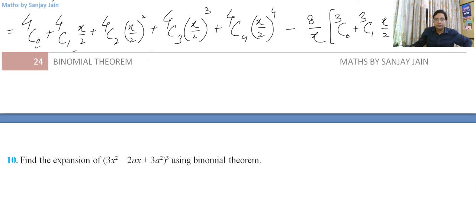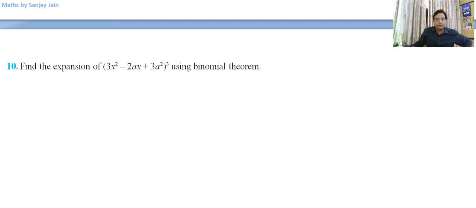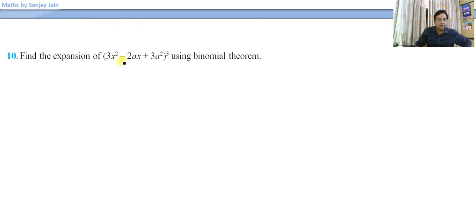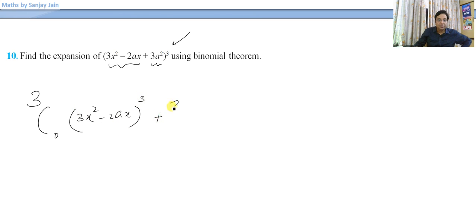And now the last question of this exercise. This is another question of the same format. So what you need to do is, you consider this as one term, this as another, right? So open it as a binomial. How will you open it? This is third power, right? So you'll start with 3c0 and write (3x square minus 2ax) raised to power 3, plus 3c1 (3x square minus 2ax) raised to power 2 into (3a squared) raised to power 1.